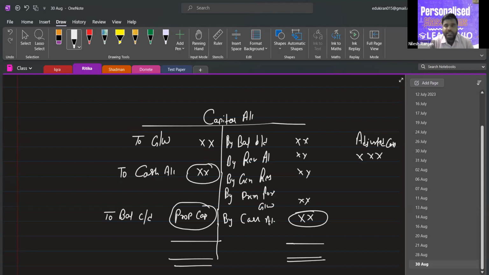So could you repeat the proportionate capital part again? And you're also lagging. Still lagging.